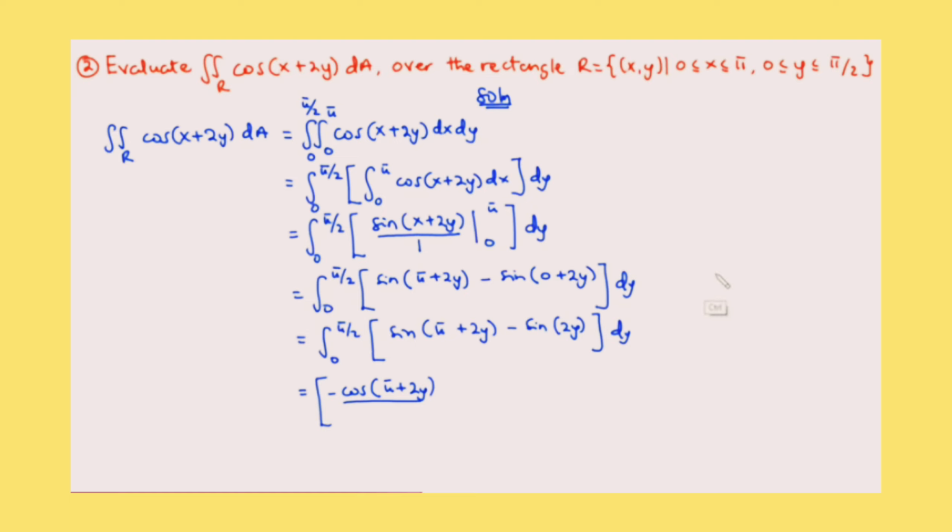So 2 appears at the denominator. So all divided by 2, minus, when you integrate sine, you have negative cosine, so negative becomes plus. So plus cosine of the inside function 2y. Now we differentiate 2y with respect to y, and it appears at the denominator, that is equal to 2. And then we have the lower limit 0, upper limit pi/2.